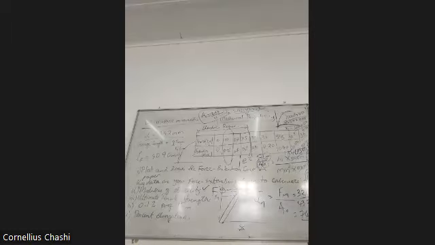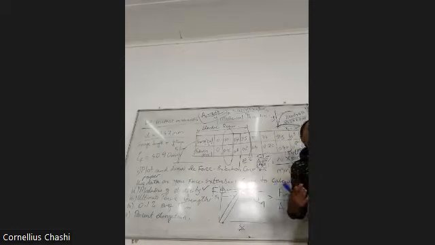Percent elongation. At the end of everything, you want to see by how much this particular specimen has experienced elongation, by what percentage. So there's something about the final length and the original length. So how do you find that percentage increase?